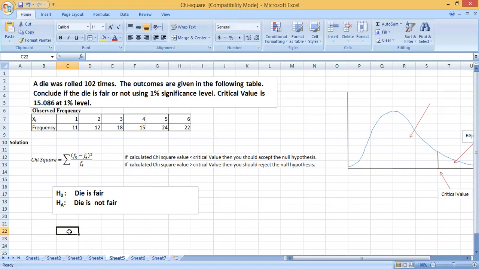Now it is very easy to make the calculation. So I have changed the data. So 102, it means, look, 102 divided by 6.